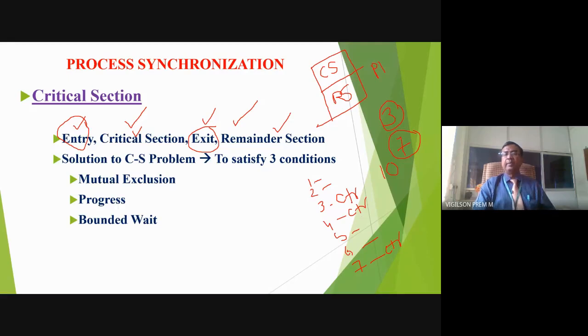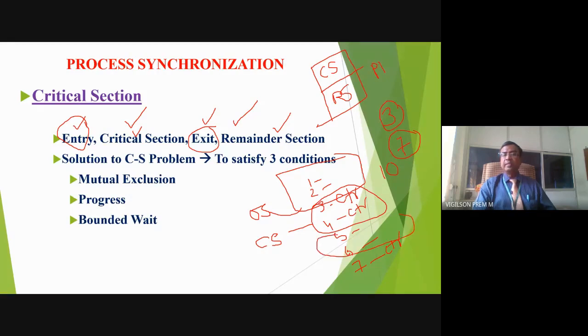Now what will happen? First, the program will execute in the remainder section for these two lines. After that, the program will ask the operating system for permission for the critical section. If permission is granted, these two lines will be executed in the critical section. After that, it will inform the OS my work is over.